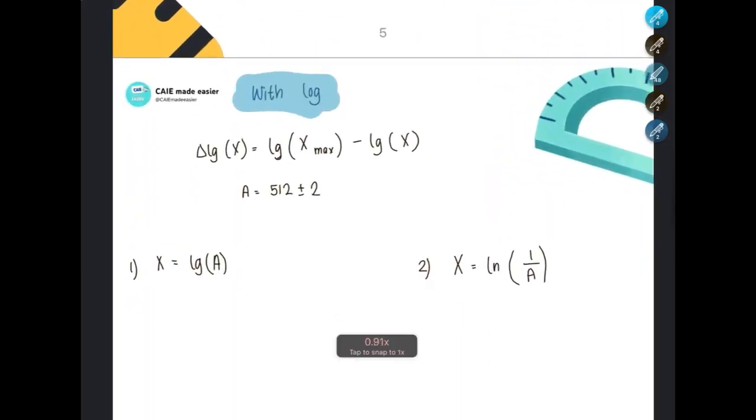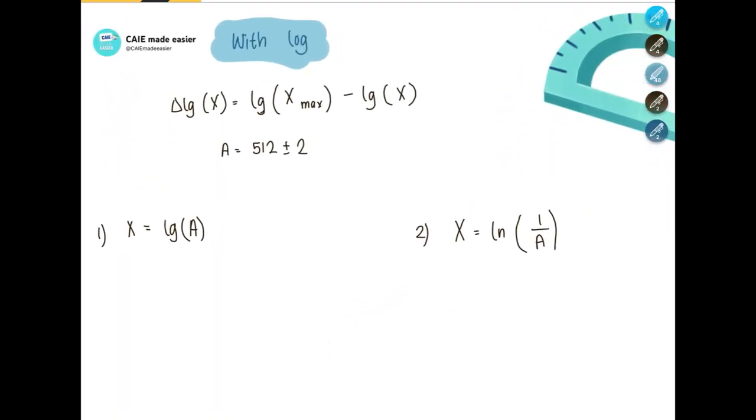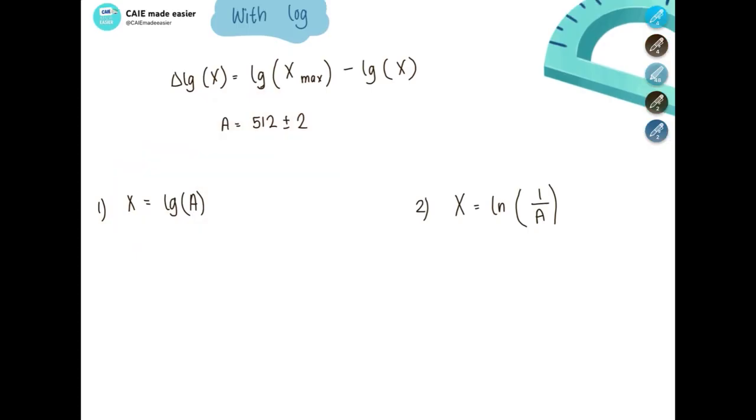Now what if you have logarithm? If you have logarithm, do this. To find the uncertainty, find the log of x max minus log of x. For example, a is 512 plus minus 2. x equals log a. This is going to be x equals log of 512, which equals 2.709.